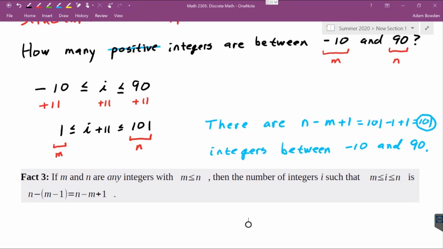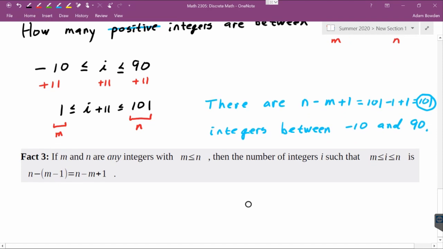So that brings us to our first, what we're just going to call fact for now. And so that'll say if m and n are any integers with m less than or equal to n, then the number of integers I such that m is less than or equal to I less than or equal to n is n minus m plus 1. Now this statement seems reasonable from our rationale and what we've seen so far, but it's still strictly unproven.